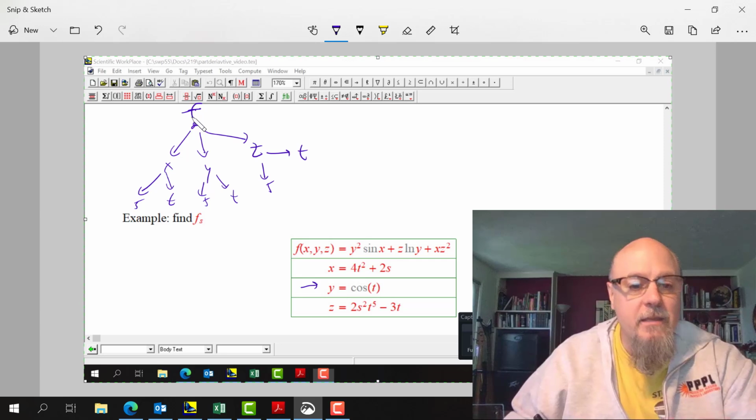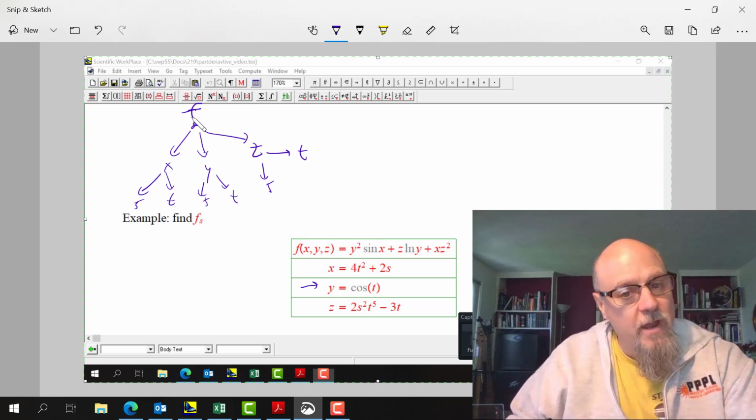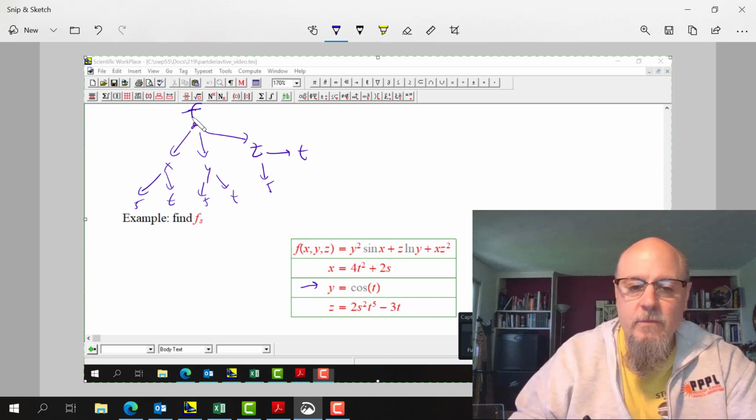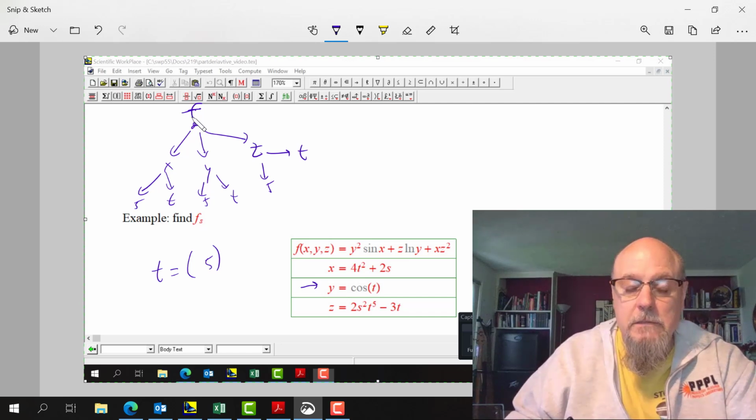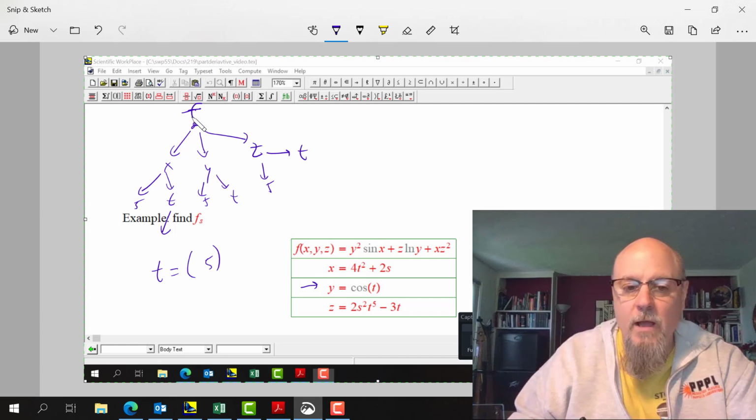So I'm going to keep it there and for a second marvel at the tree diagram and how it doesn't matter how many variables are here, I can deal with it at different levels. And although it's not in this problem, if t were somehow a function of s, then I'd need a branch down here as well.